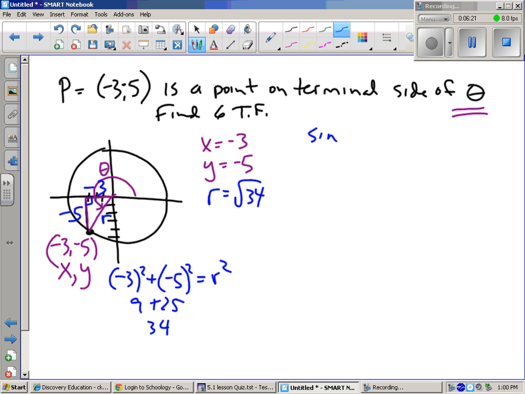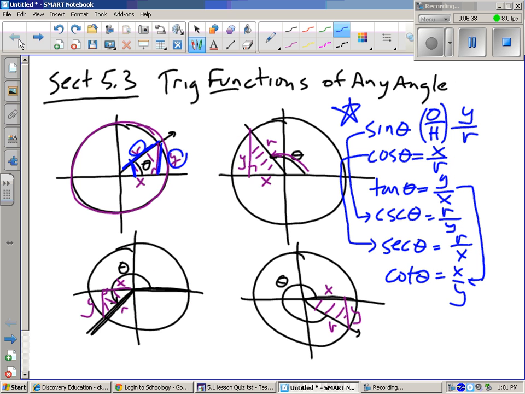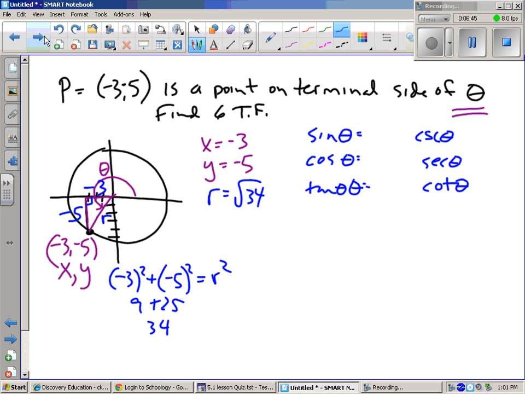So now I'm going to do sine, cosine, tangent, and then their evil twins are cosecant, secant, and cotangent. All right, we said sine, if I go back up to a previous page, sine is y over r right here. So y over r, in our case, is -5 over root 34.